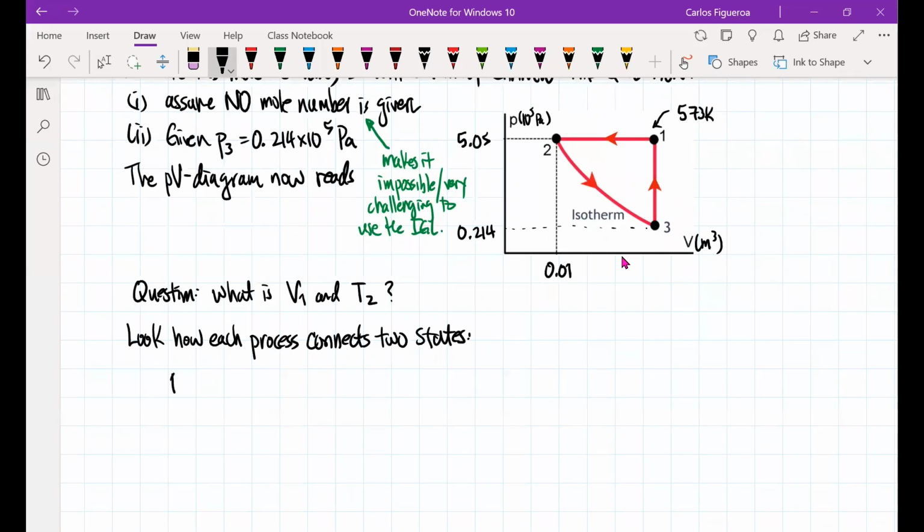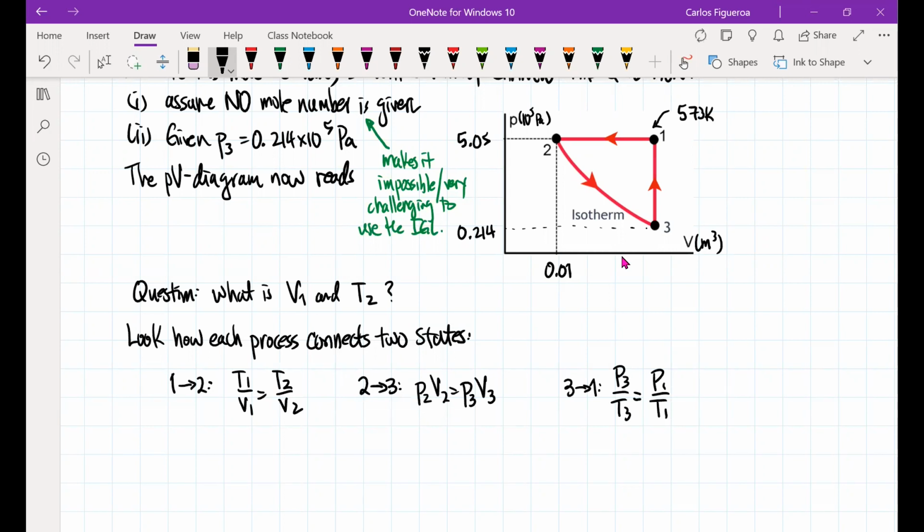So if I look at state 1 to 2, which is an isobaric, then that means I have T1, V1, T2, V2. Then I have 2 to 3, because that's an isothermal, that's going to be P2, V2, P3, V3. And then if I look at my isochoric, I know that that's got to be P3, T3, P1, T1.